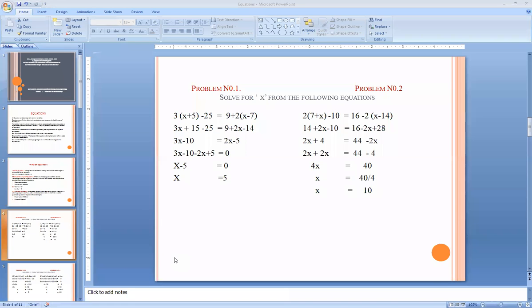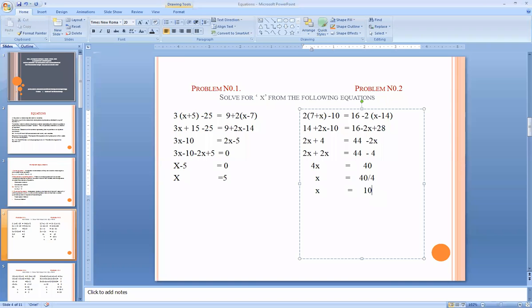In the case of an equation, whenever you multiply a positive value into a positive, it is plus into plus, which equals plus only. Can you write: plus into plus is plus. Minus into minus, negative into negative, will also become plus only.